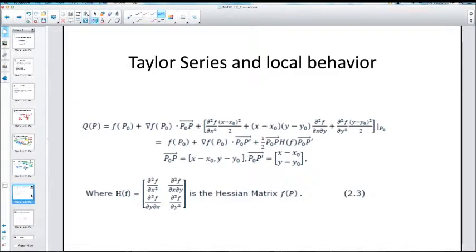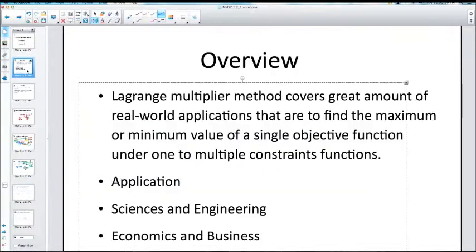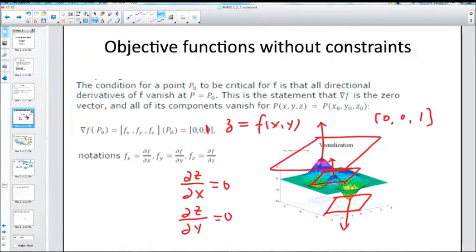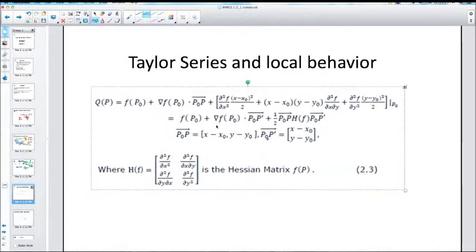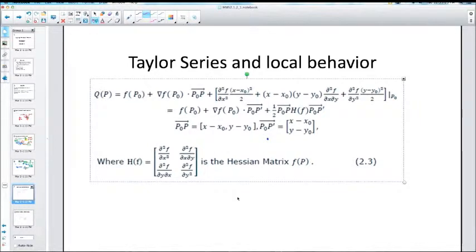Any surface, even like the first one, like this complicated surface, locally you can always expand as a Taylor series that will look like this. And we learned this in last lesson. That's the two variable Taylor series.